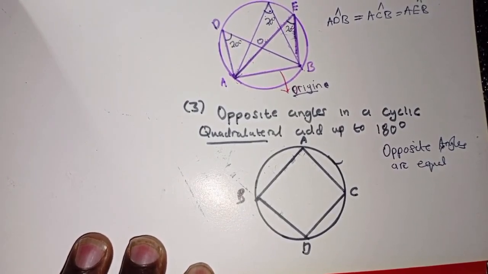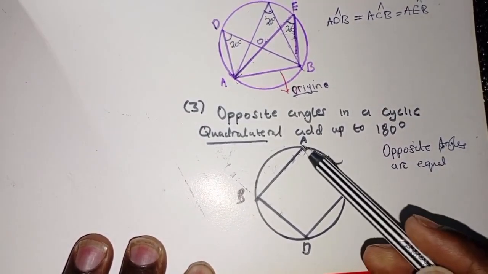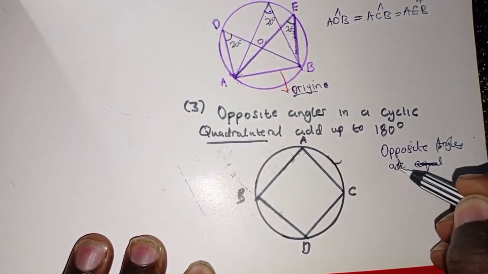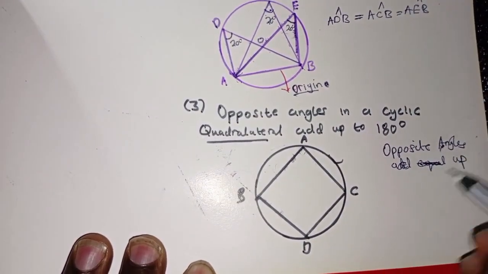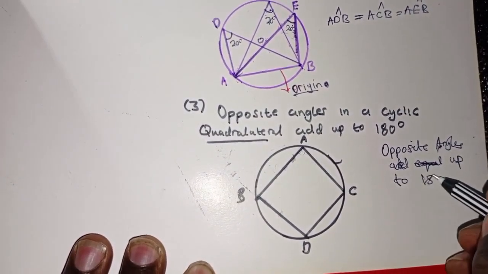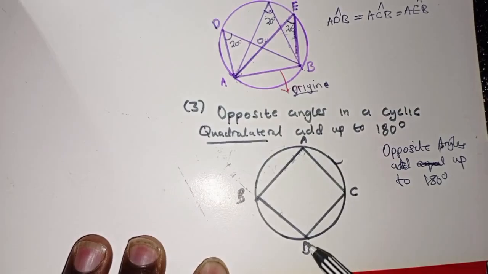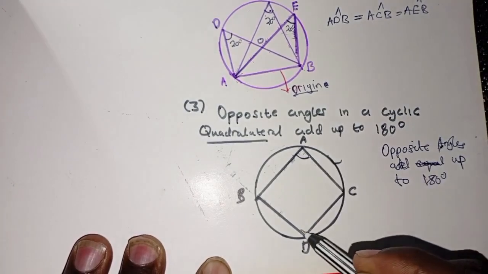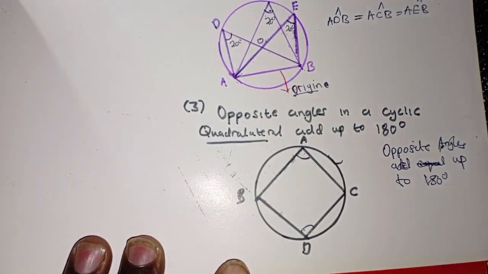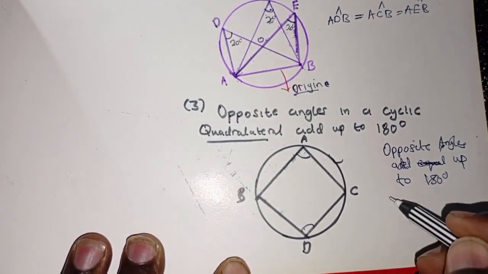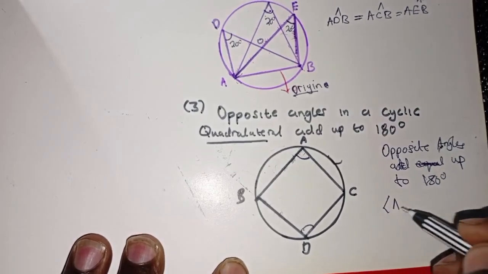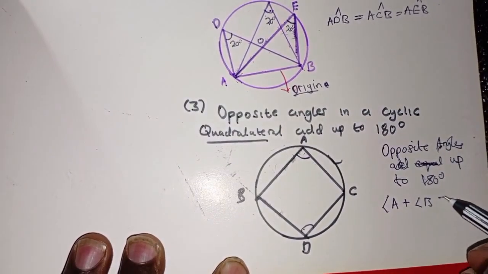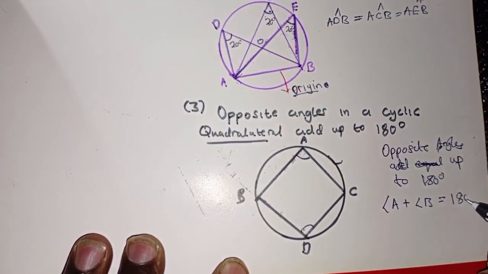We mean angles that are facing each other. So the angle here at A and the angle here at B, if you add them, it will give you 180. So angle A added to angle B should always give you 180 degrees.